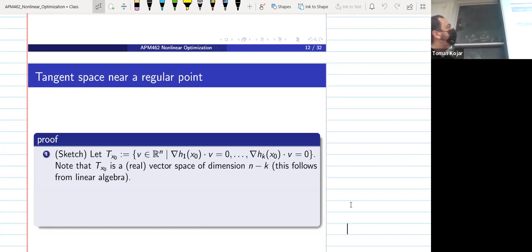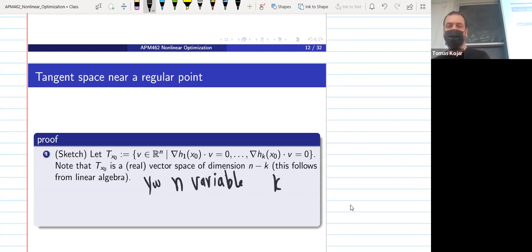All right. You have K constraints, and the space is n-dimensional. So you only have n minus k free variables. You have n variables, k constraints, k equations, so n minus k degrees of freedom.